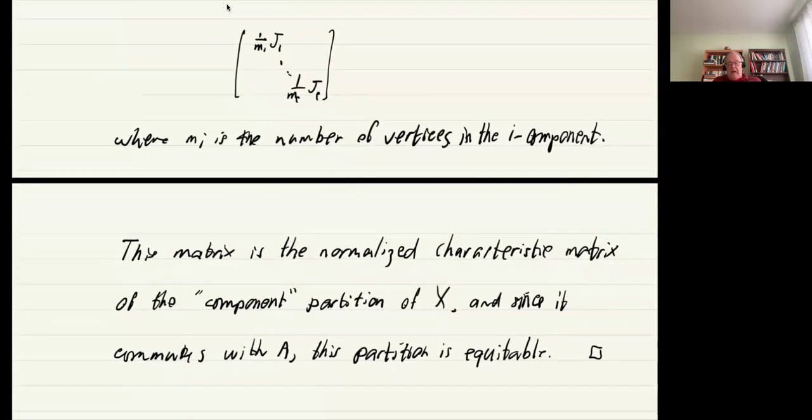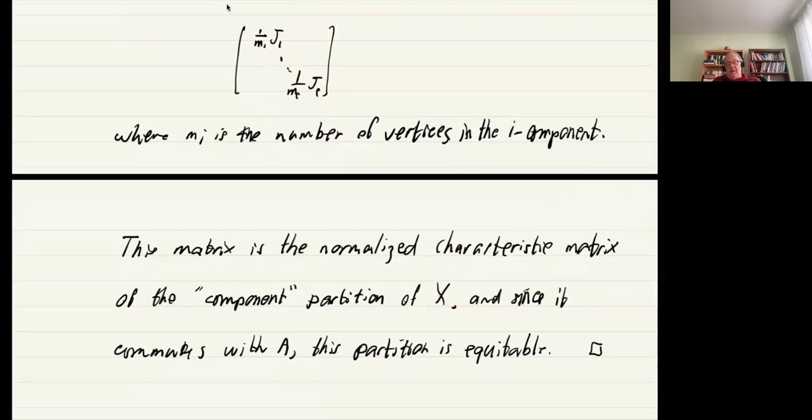And since it commutes with A, the partition is equitable. This is a somewhat unusual usage of the Perron-Frobenius theorem, but it's there to be used. And so we have that the partition is equitable, and we'll see how that helps us as we go on.